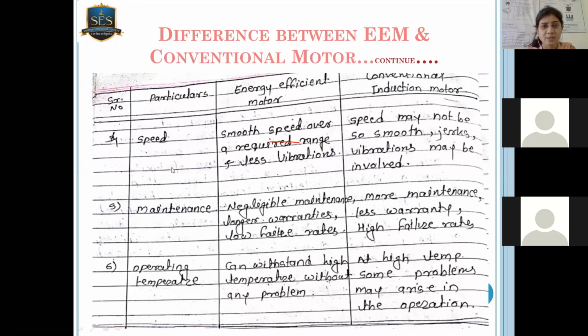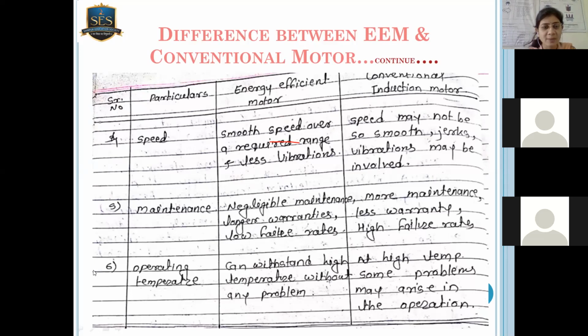After that, speed: smooth speed here, and here speed may not be so smooth, meaning noise or vibration generated is less here and more there. Maintenance required: here it will be less or negligible, there more maintenance is required.